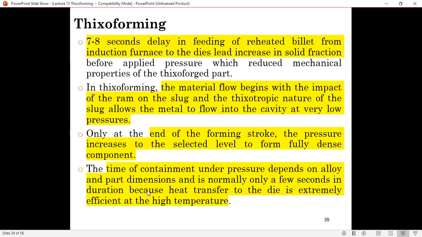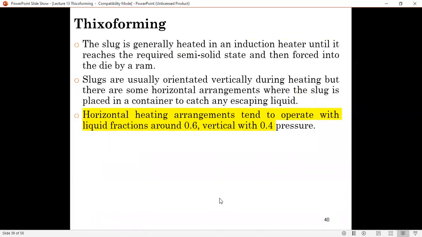So the holding time after forging or casting is only a few seconds, and it depends on heat transfer to the die. If heat is transferred to the die efficiently, you can cut down the holding time inside the mold die.